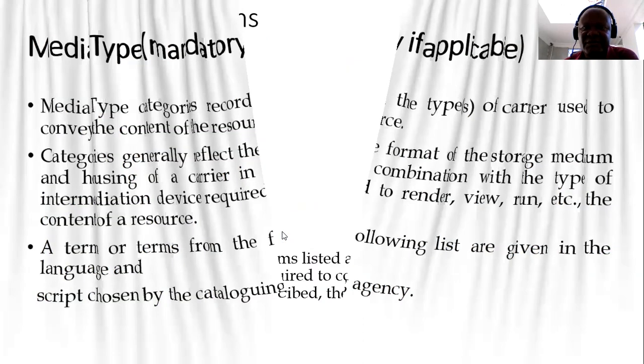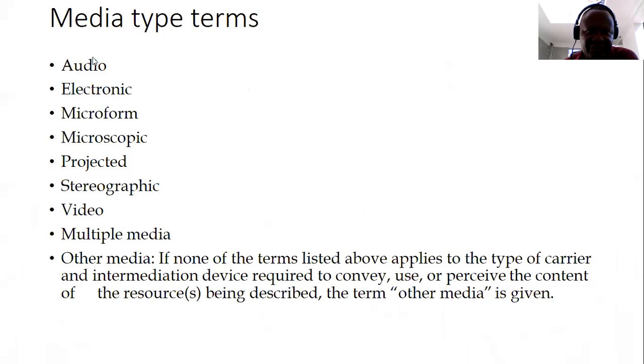So the terms that are applied to indicate the media type include the following. Audio. We saw this being used for CDs, which are audio CDs. We shall be seeing electronic, especially if we are cataloging websites, then this is the term to use. Microform, microscopic, projected.